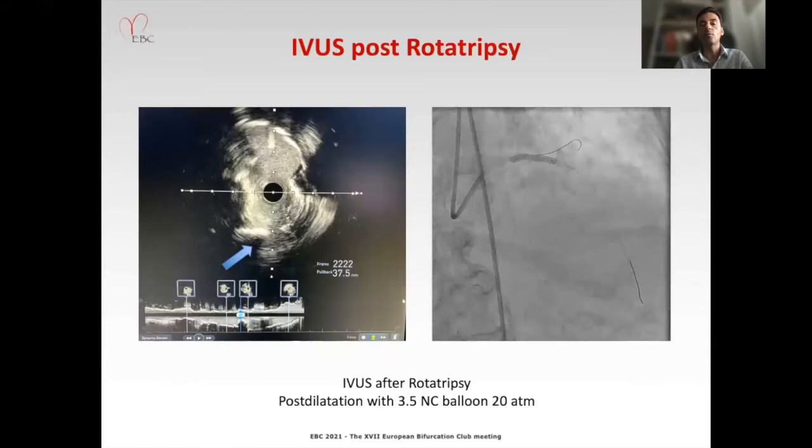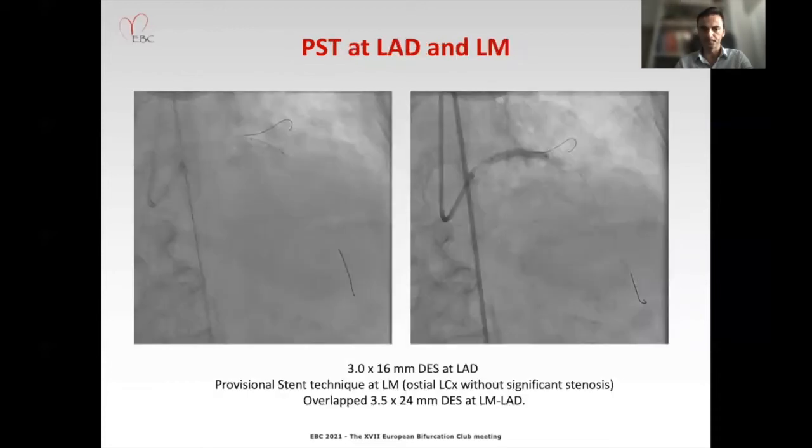This is the IVUS after rotatripsy with some intimal ablations and deep fractures produced by rotablation and shockwave. And after that, we decided to post-dilate with a 3.5 NC balloon at high atmospheres. After that, we implanted two overlapped drug-eluting stents at distal left main and proximal LAD.